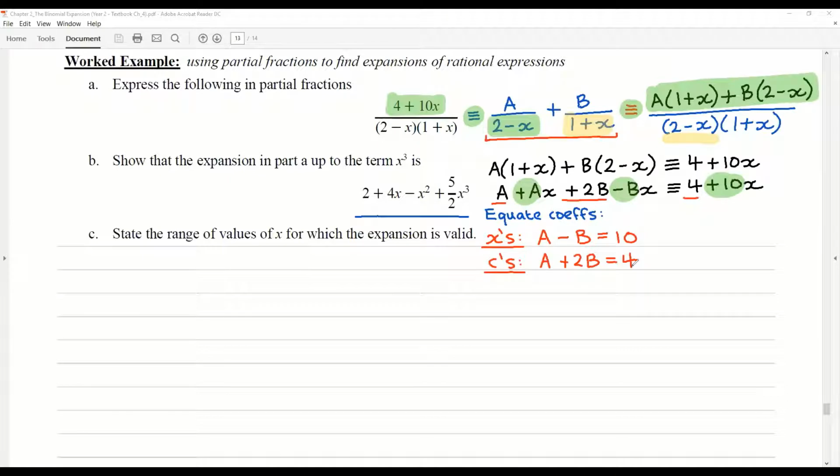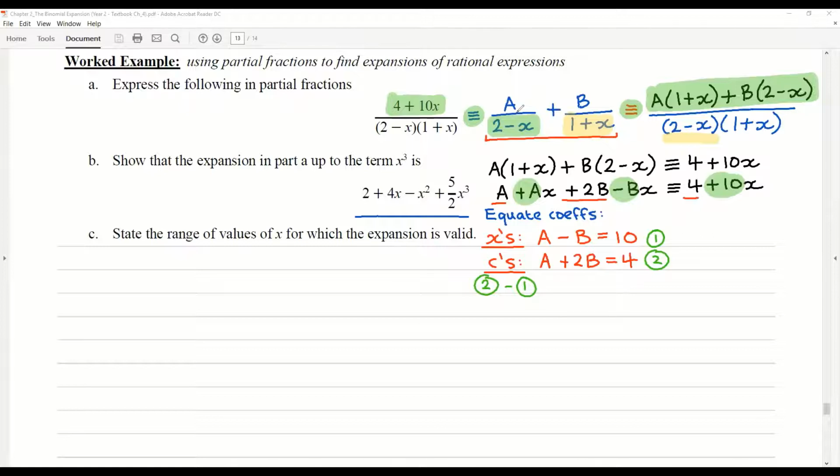All right, so we have two equations. We'll call that equation 1. We'll call that equation 2. And we just solve them simultaneously. Choose whichever method you like the best, substitution, addition, subtraction, whatever it is. I think I'm going to subtract equation 1 from equation 2. So 2 subtract 1, that's going to give me the following.